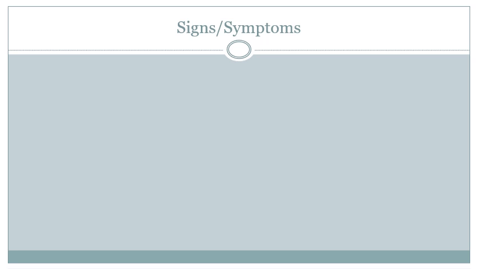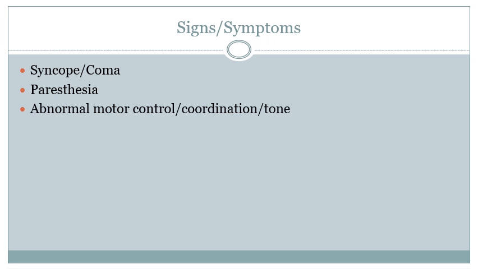Looking at signs and symptoms, these are common things that we tend to see within the neurological system. Syncope or coma, which is basically your different degrees of loss of consciousness. Paresthesia, which is abnormal sensation in a body part. Abnormal motor control, coordination, or tone.